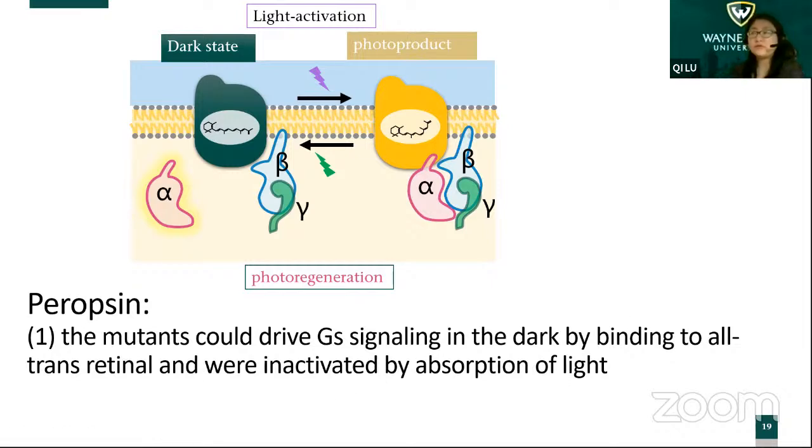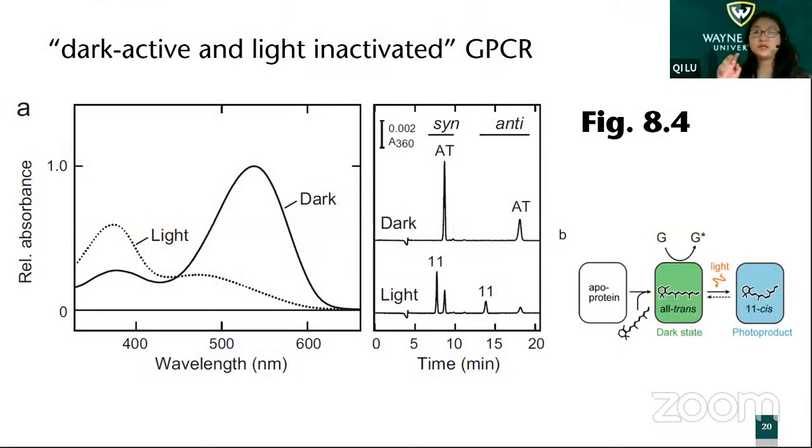For most other opsins, after capturing light, it becomes active, and it will bind and activate the G protein signal cascade. But for peropsin, it's just the opposite. In the dark state, it's binding all-trans retinal, and it can activate the GPCR function. That's quite unique.